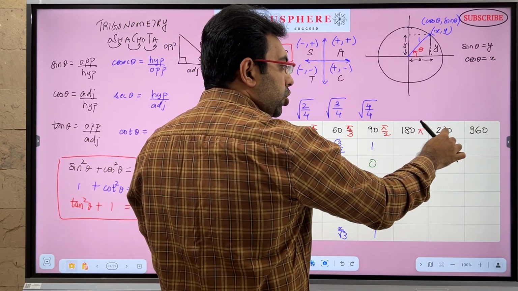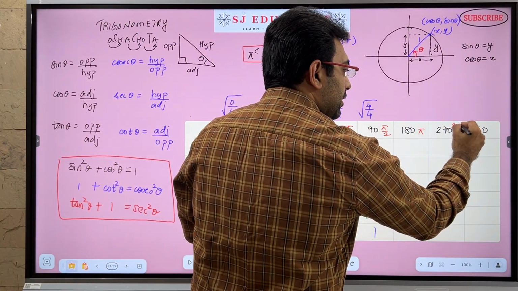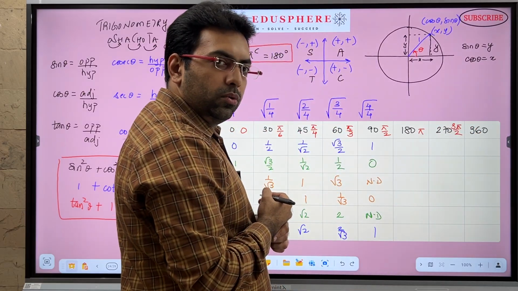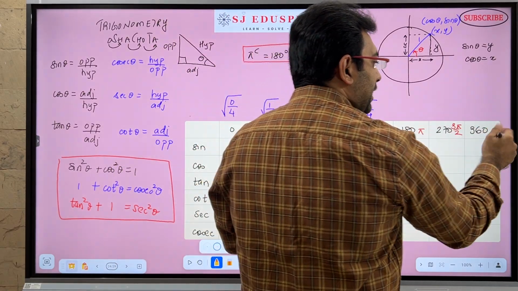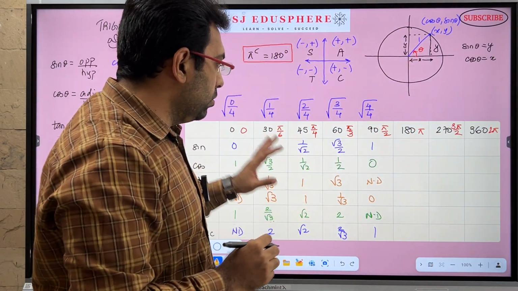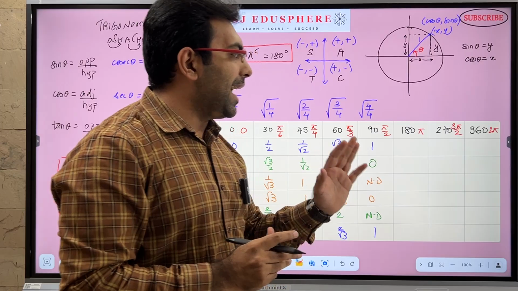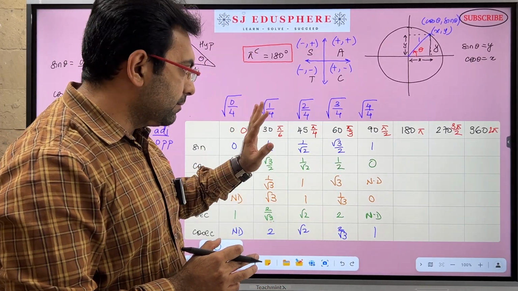Can I say 270 is 3 times 90? That will be 3 pi by 2. And 360 is 2 times 180, which will now be 2 pi. So I am going to express my angles in the form of radians. Done.